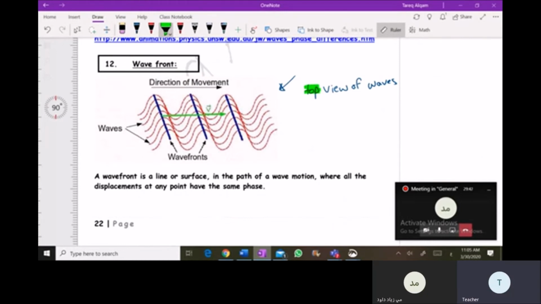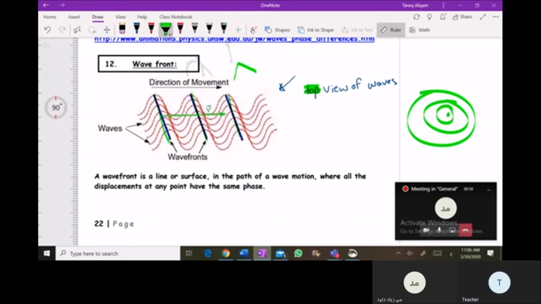From the top. Okay. But if I look at the waves from the top, from this position, I will see planes like this. Right? It's similar to someone dropping a stone in a water pond. I will observe what? Like this, right? Circular waves.